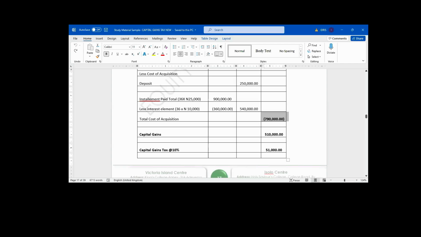But that 2.5 million I sold it for, the buyer said, Mr. Tunde, please, I don't have money to pay at once, so I will pay this 2.5 million over 5 years. My question is, am I going to pay my capital gain tax now, or should I pay my capital gain tax on installments too, as the buyer is paying? Which one is normal?